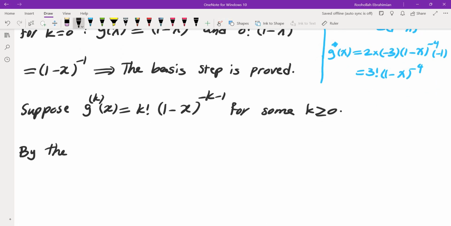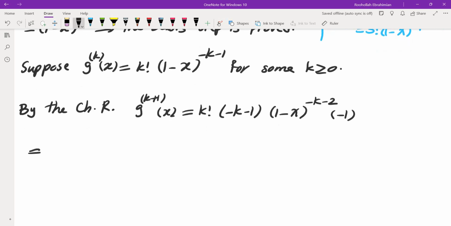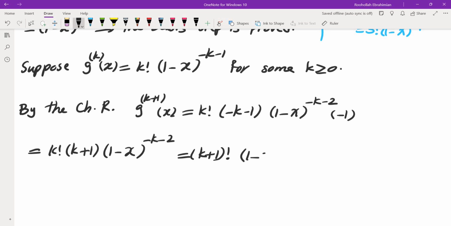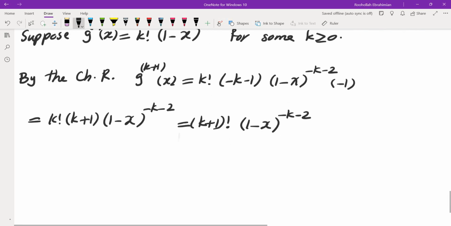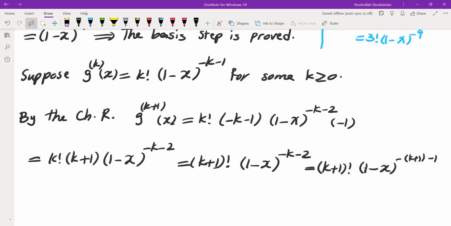By the chain rule, g k plus 1 of x becomes k factorial times -k minus 1 times (1 minus x) to the power of -k minus 2 times -1, which is k factorial times k plus 1 times (1 minus x) to the power of -k minus 2, which is k plus 1 factorial times (1 minus x) to the power of -k minus 2. Okay, and this is exactly what we wanted to prove. This is k plus 1 factorial (1 minus x) to the power of -(k plus 1) minus 1, which matches the claim that we wanted to prove.